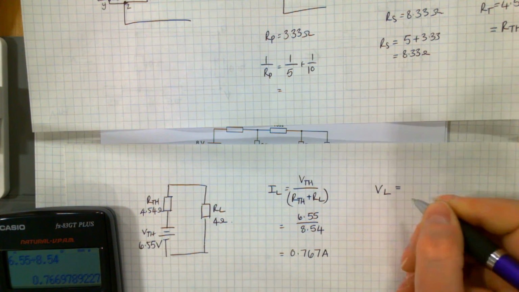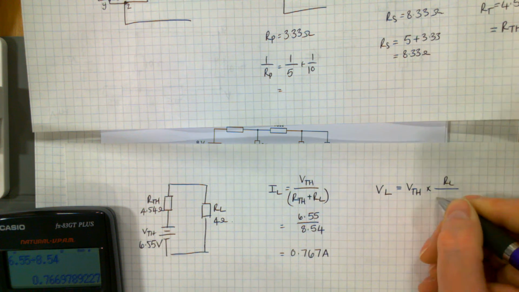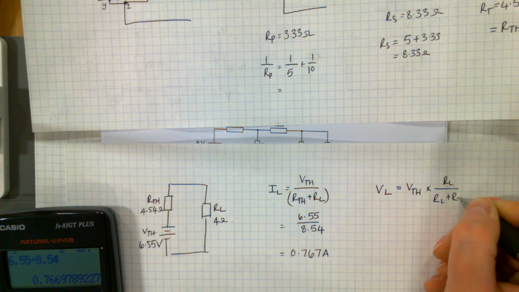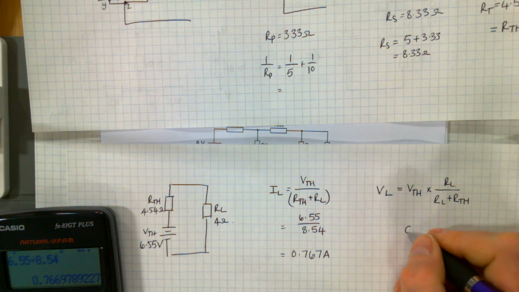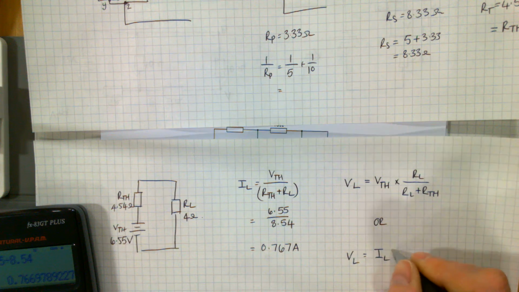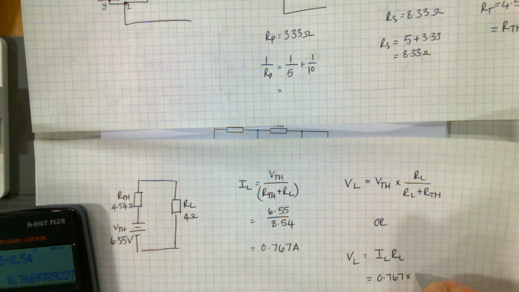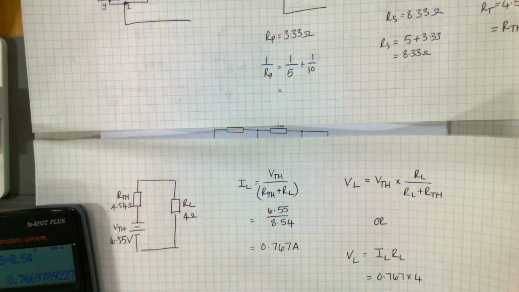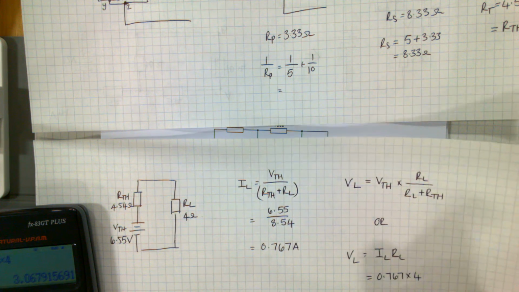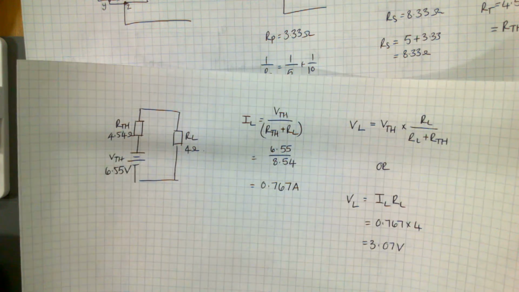And your voltage, you could either do by a divider, by doing your V Thevenin times RL over RL plus R Thevenin, or IL times RL. And that would be that one done.